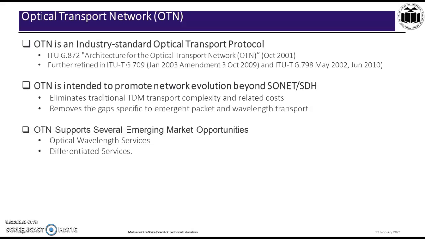OTN is intended to promote the network revolution beyond SONET and SDH. So it eliminates the traditional TDM, that is time division multiplexing, transport complexity and the related cost, as well as it removes the gaps specific to emergent packet and wavelength transport. The OTN supports several emerging market opportunities like optical wavelength services and differentiated services.